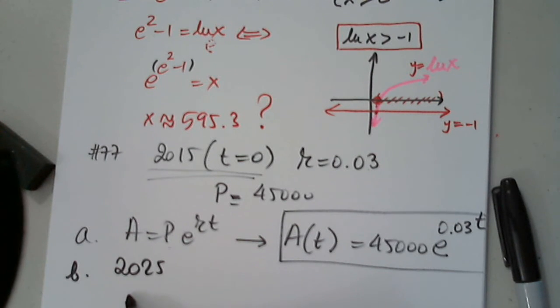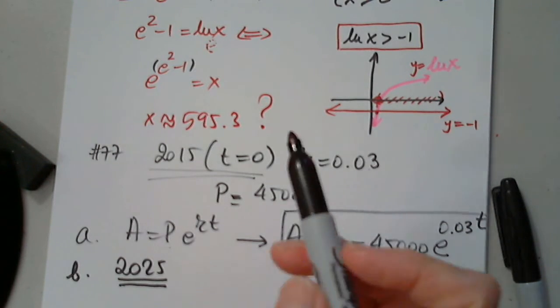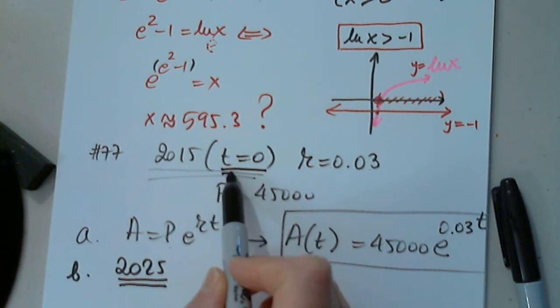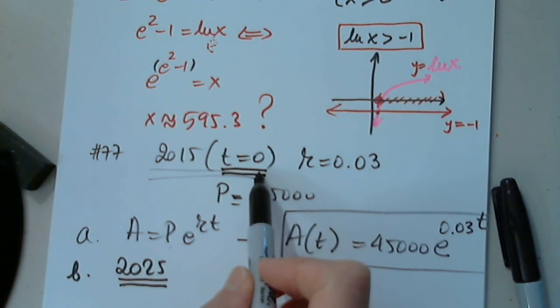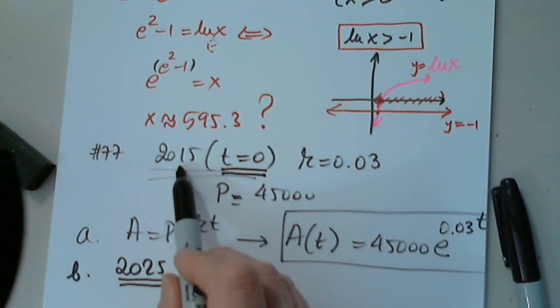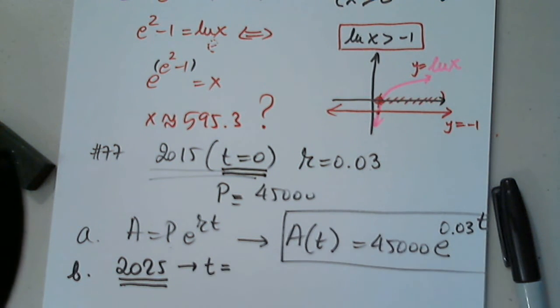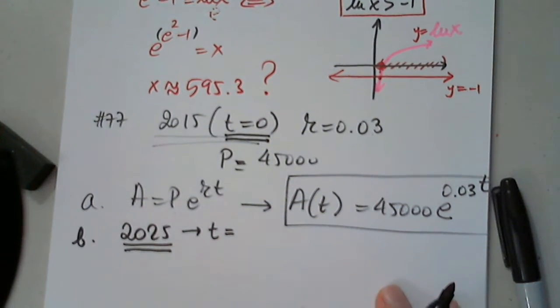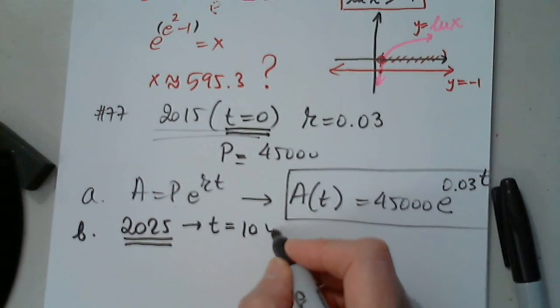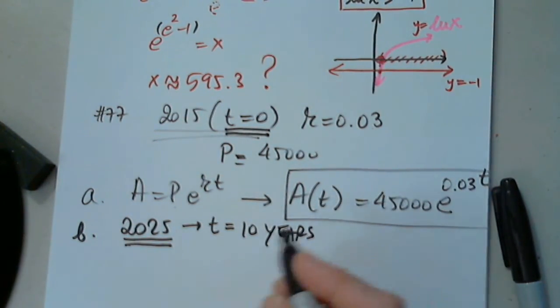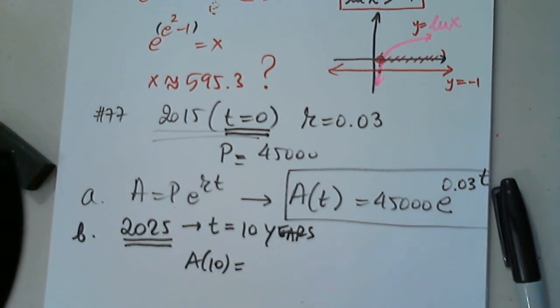It says find the population in the year 2025. We're specifically told that the starting point is 2015 when t equals 0. What does this represent? 2025 represents what? 10 years. All I have to do is find A of 10.